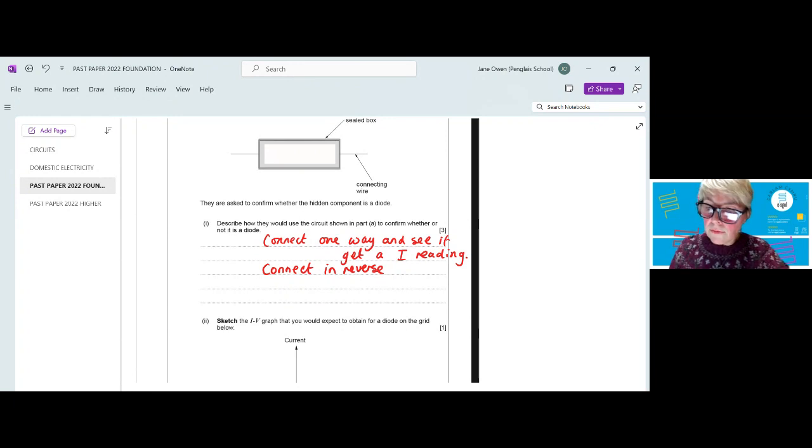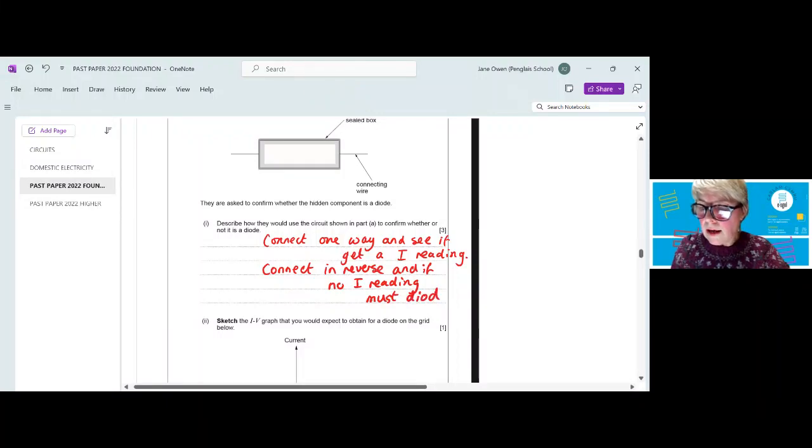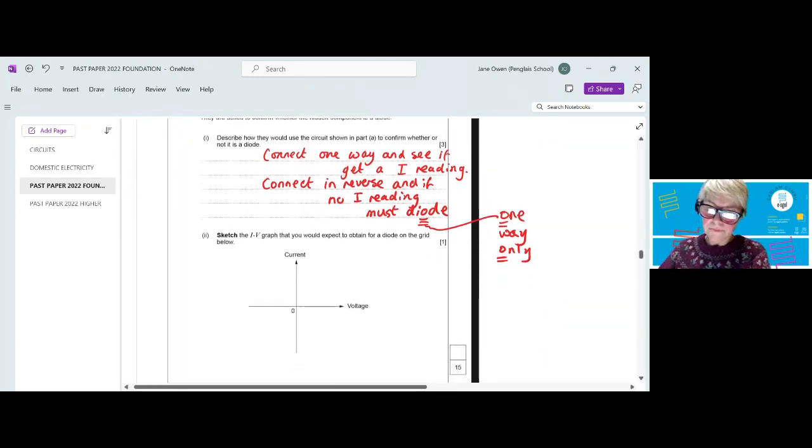So connect in reverse, and if no current reading, then it must be a diode. Because what is a diode? A diode allows current one way only through a circuit. And you can remember that because of the O in diode.